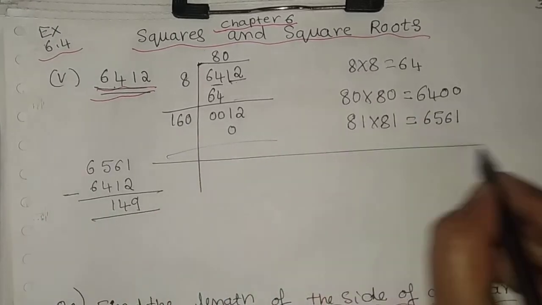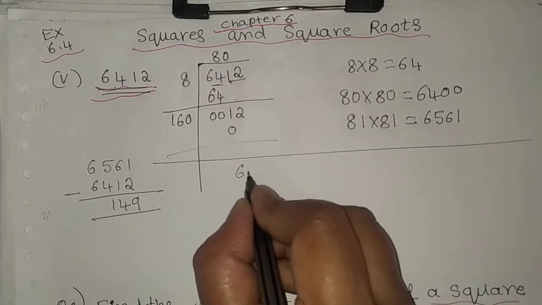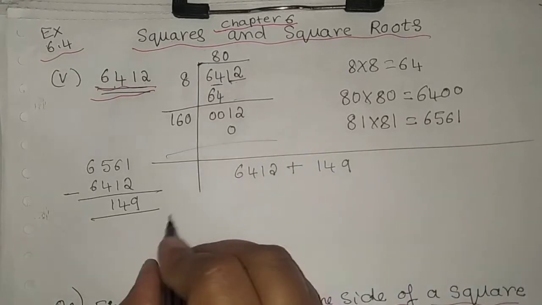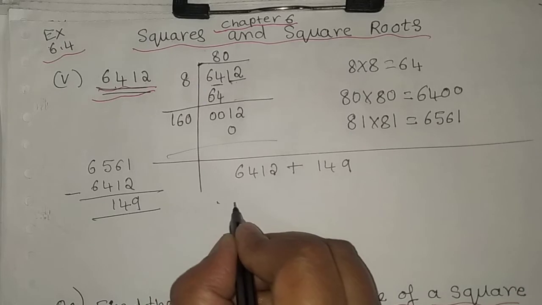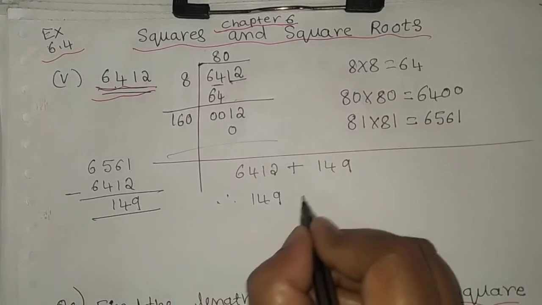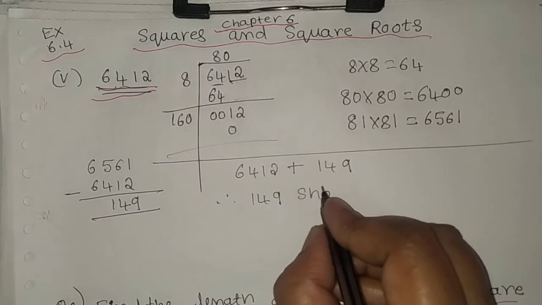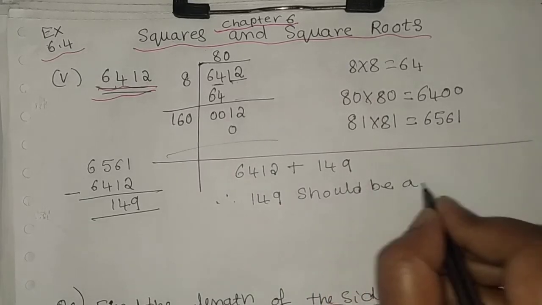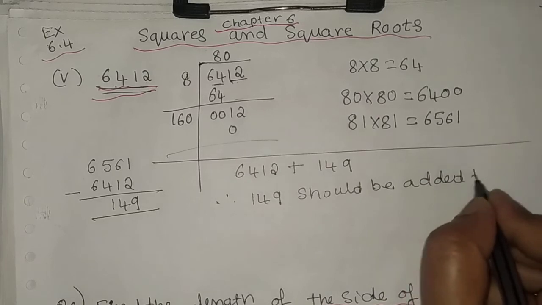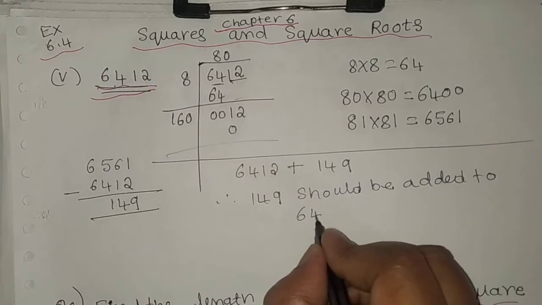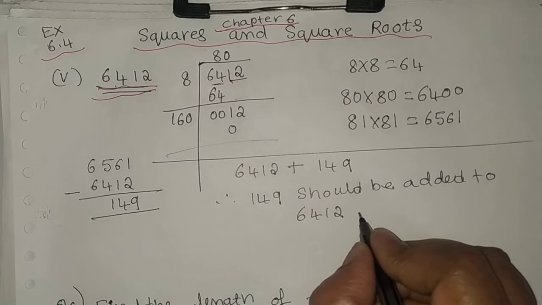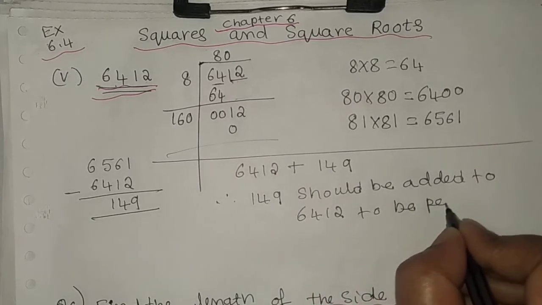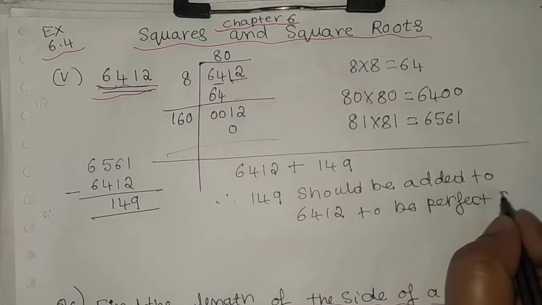So finally, what is the solution we can write? That is 6412 plus 149. Therefore 149 should be added to 6412 to be a perfect square.